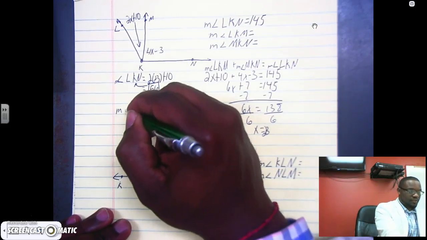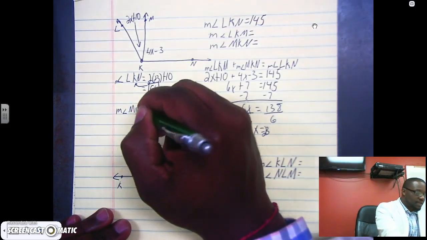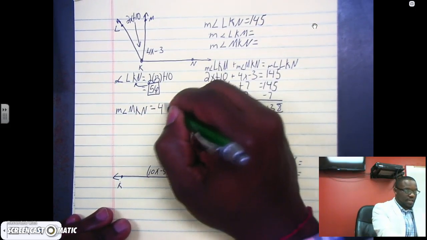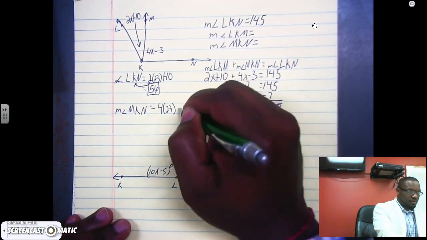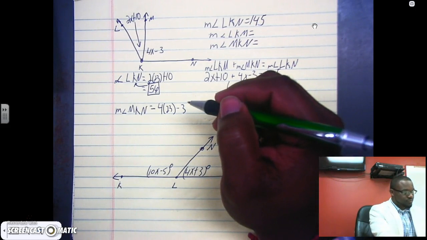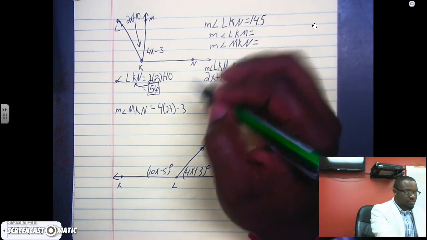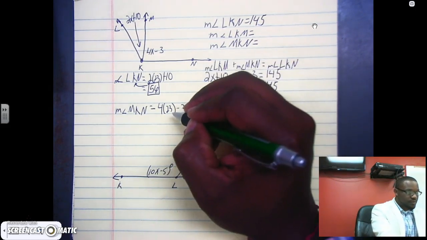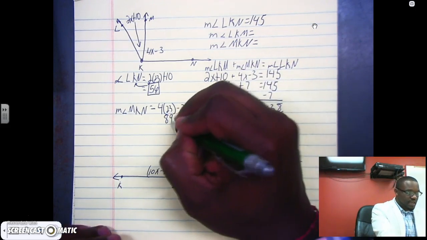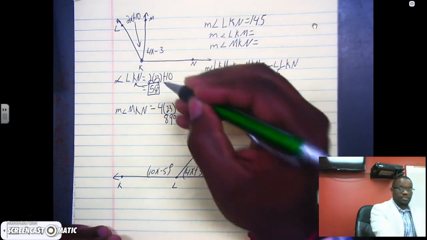And I'm going to say the measure of angle MKN equals 4 times 23 minus 3. So 4 times 23 is 92, minus 3, which is 89. And actually both of those should be degrees.